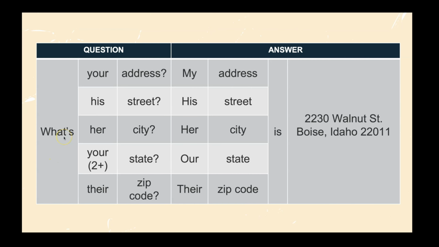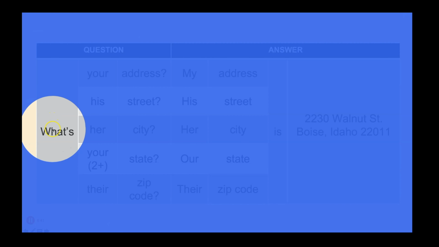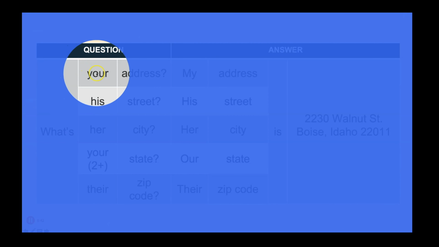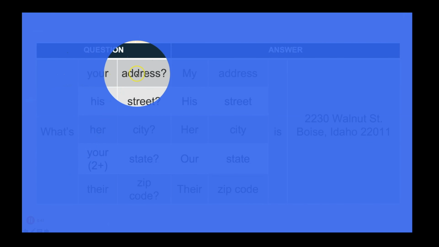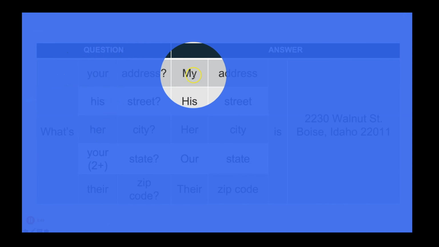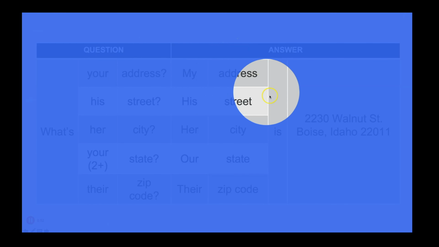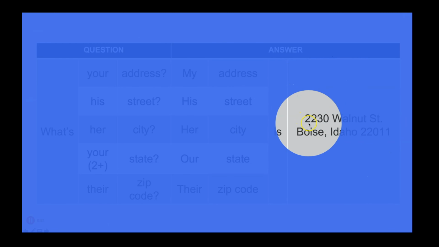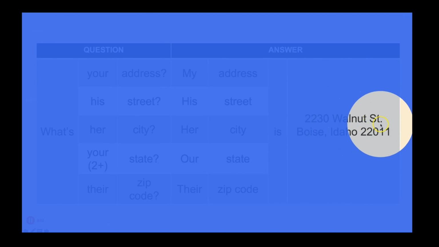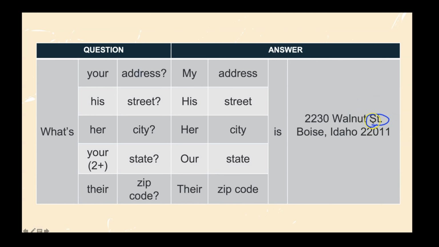So all 5 of these questions begin with what's or what is. So what's your address? My address is, and all of this is the address.